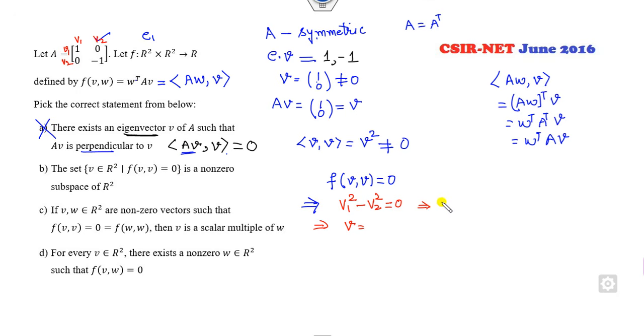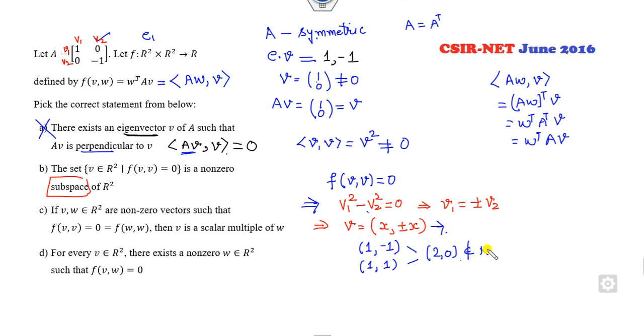It means this is nothing but plus minus V. So if one element is X, the second is plus minus X. Then is it a subspace? Clearly it's not a subspace, because if I take one element as 1 and the other element as minus 1 and 1, then what will be the addition? 2 comma 0, which is not part of this set. Therefore it is not a subspace.